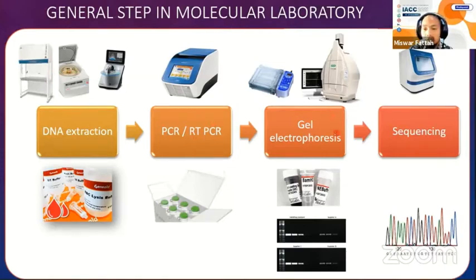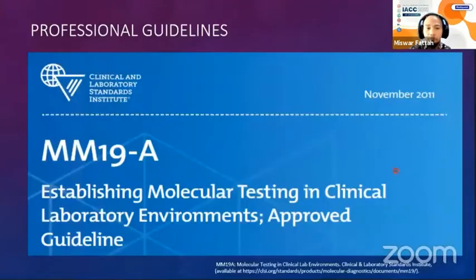Gel electrophoresis and sequencing we utilize only for confirmatory or research purposes, not for routine. But now some NGS-based methods can be used as routine tools, not only to detect variants, because they have sensitivity similar to real-time PCR. So some laboratories utilize NGS as routine testing.